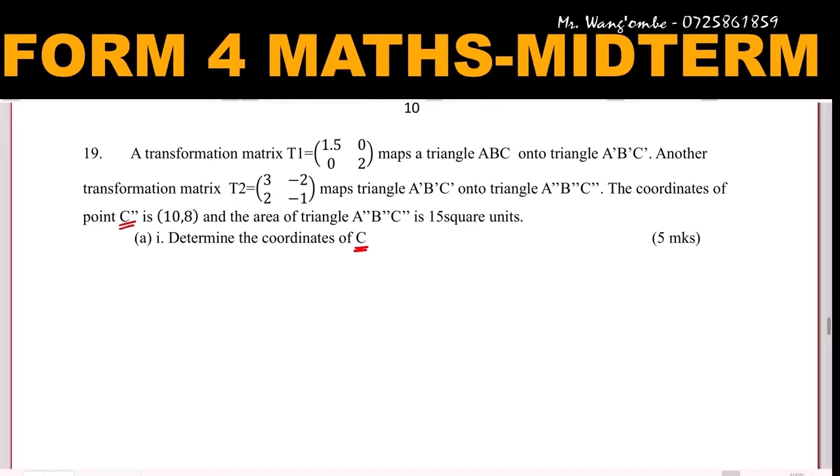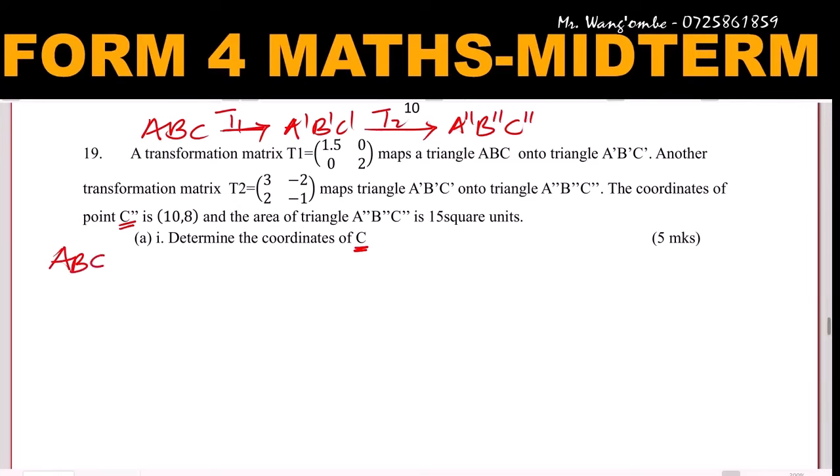Now, when you look at this question, you notice that we have successive transformation. We have triangle ABC, which is transformed by T1 into A prime, B prime, C prime, then transformed again by T2 to get A double prime, B double prime, C double prime. Now what we need to get is a single matrix for this successive transformation that would map ABC onto A double prime, B double prime, C double prime.